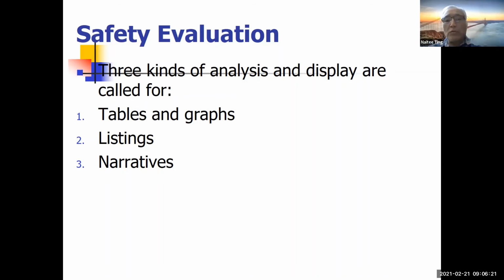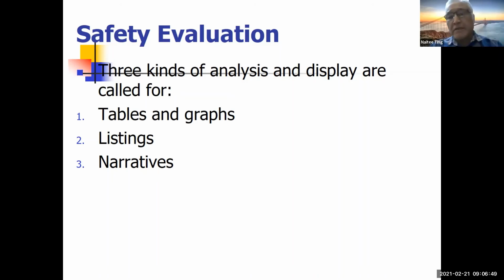These are the standard way of presenting adverse events. Graphs are not very popular, all right, but in certain companies, they like to see graphs, or maybe for certain drugs, you want to use graphs to identify the experience of AE. So the first thing we'll talk about is tables. Sometimes you use graphs. Listings.